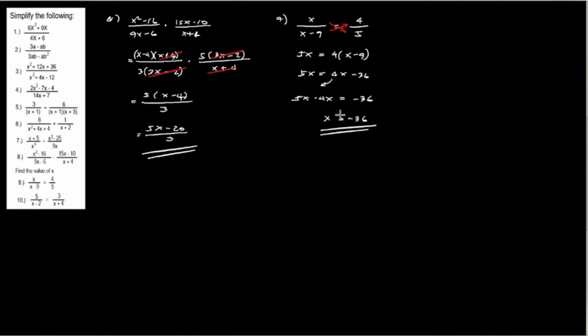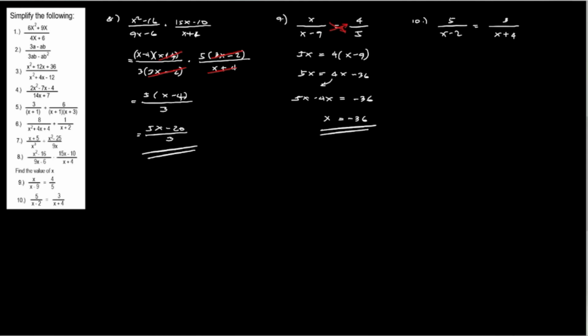And the last number, find the value of x, number 10. 5 all over x minus 2 is equal to 3 all over x plus 4.